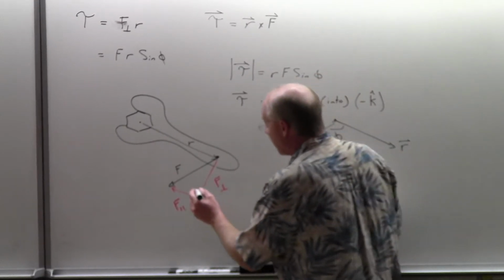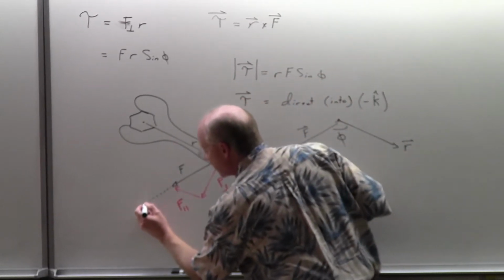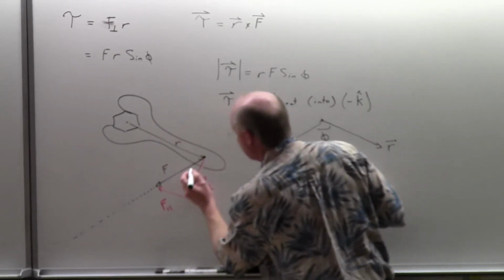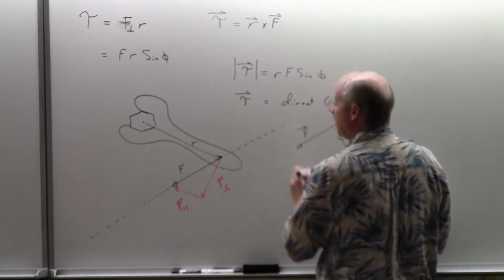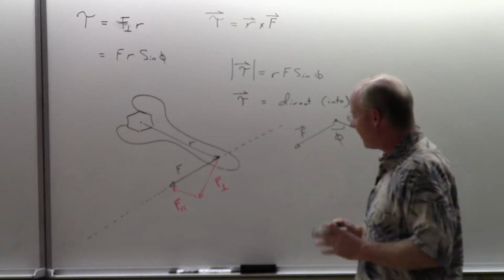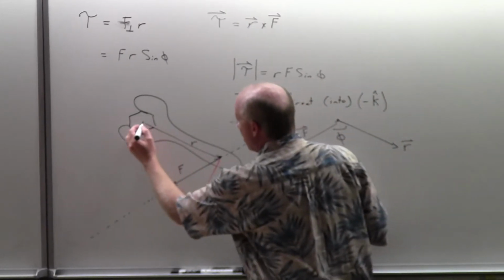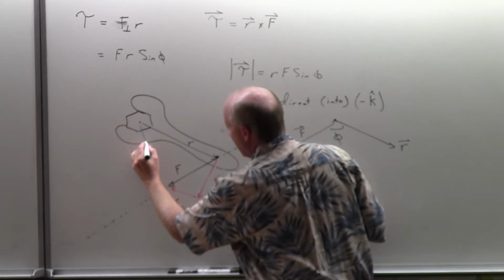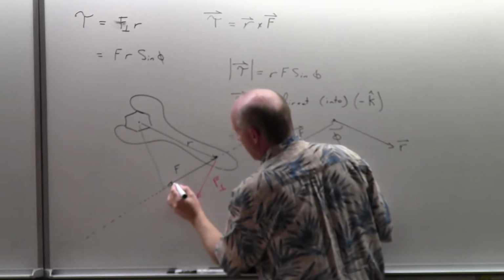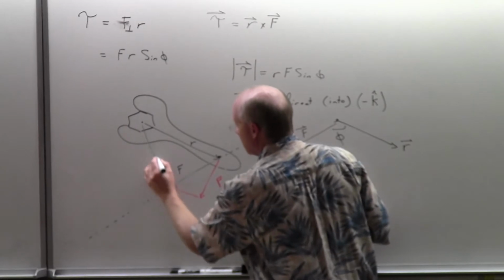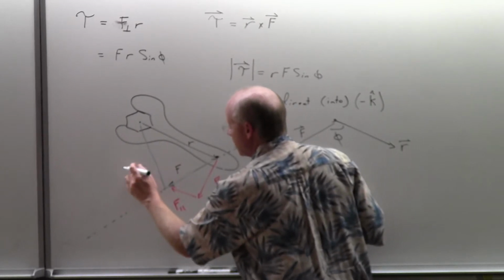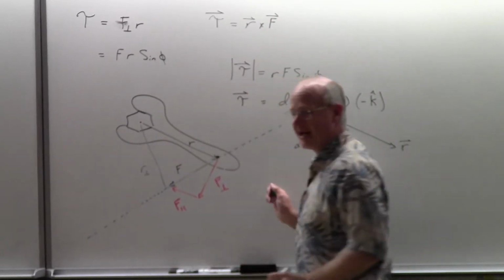Let me do it this way. Let me just kind of take this vector A and extend the line of A for a second. And we often call that the line of action. Because what I can do is I can take R and think about R like this, where this part is how much of R is perpendicular to F.